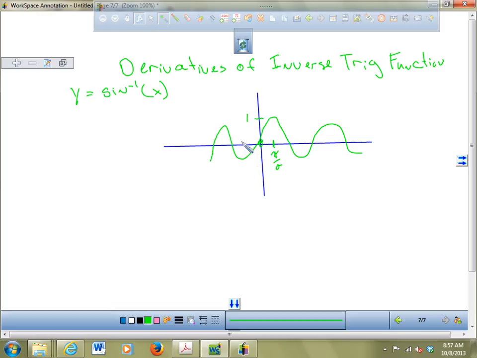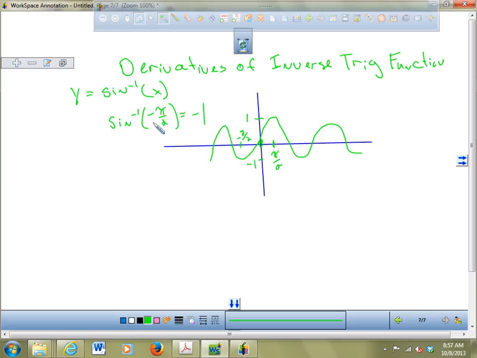And at negative pi over 2, sine is negative 1, right? So the inverse sine of negative pi over 2 is negative 1, okay?